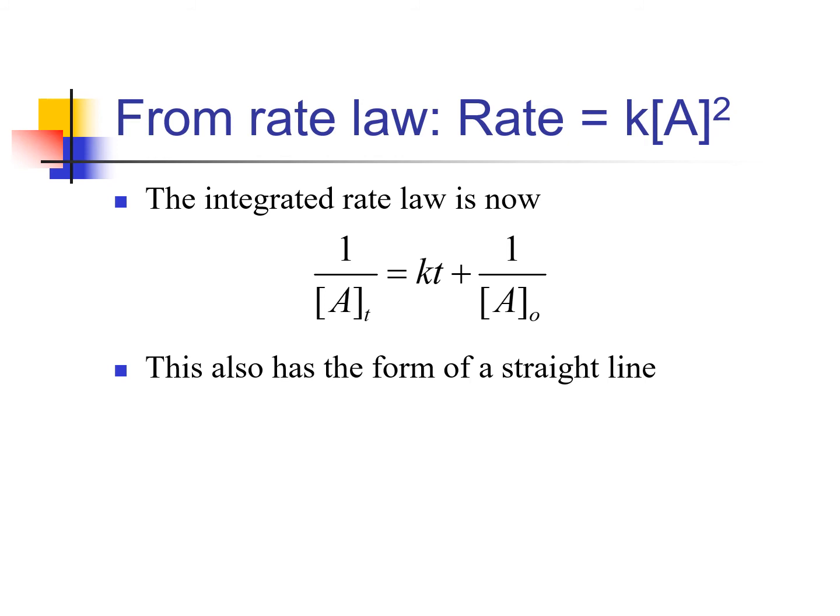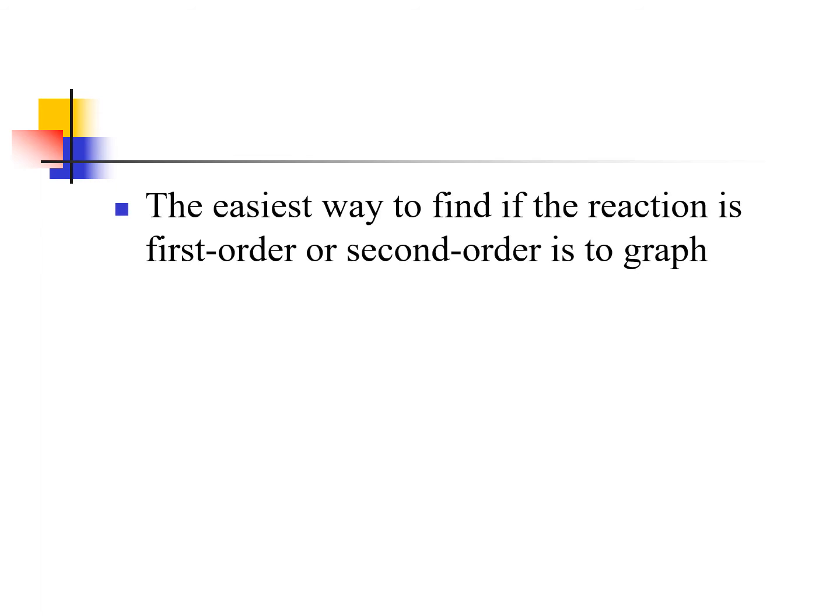This also is in the form of slope-intercept. Here is y. k is m. t is x. And b is 1 over the initial concentration. So we can also find if a reaction is second order by graphing it.